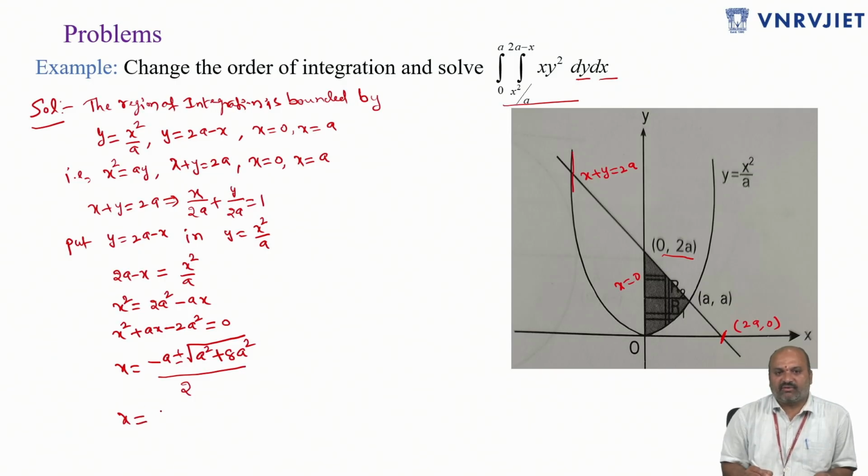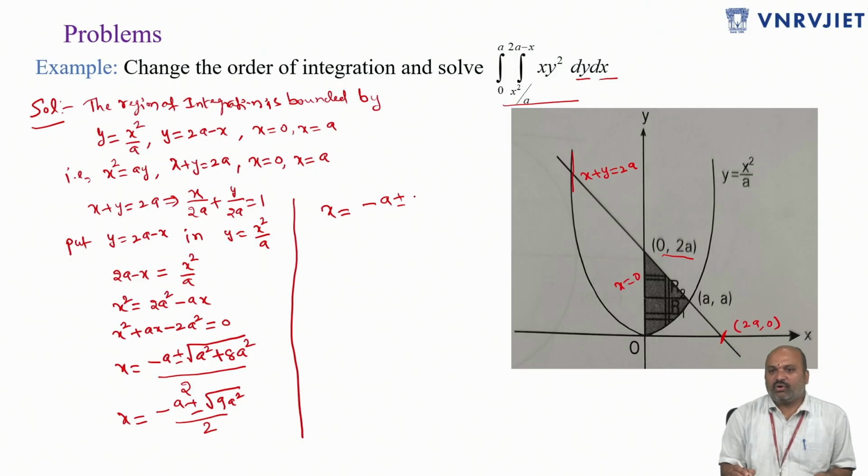Therefore x equals minus a plus or minus root over 9a square, divided by 2. Simplifying further, root over 9a square is 3a, so x equals minus a plus or minus 3a, divided by 2.